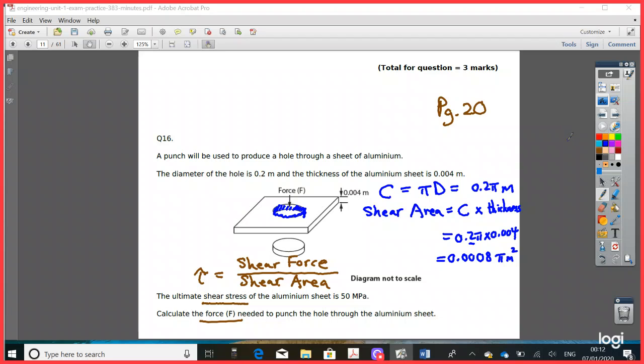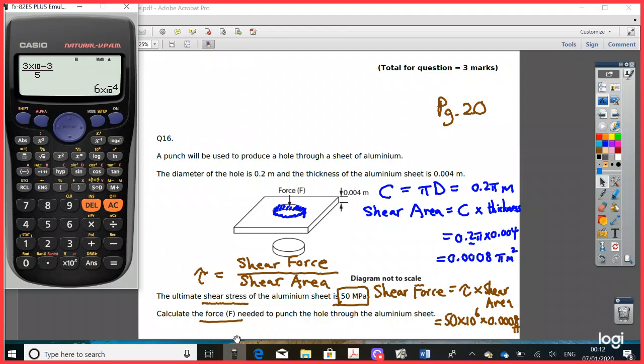For the last stage, the shear force, if I rearrange the formula, is equal to tau times shear area, and tau is given to us in megapascals, so mega is 10 to the power of 6, and then multiply by 0.0008 pi, don't forget that as well.